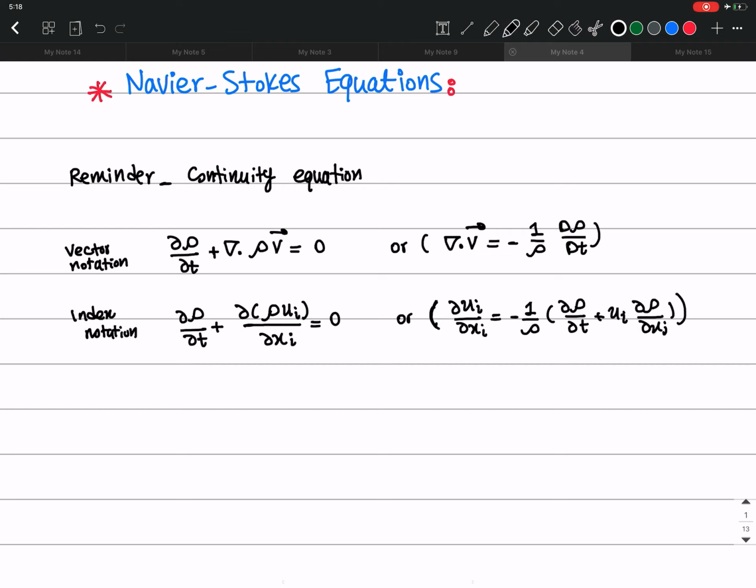So this is the continuity equation in two notations, one in vector notation and the second one in index notation.